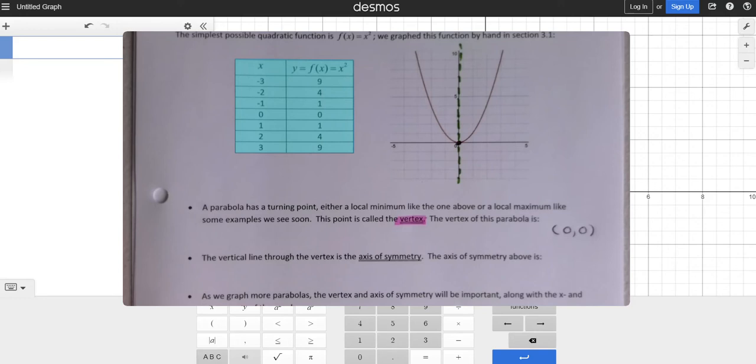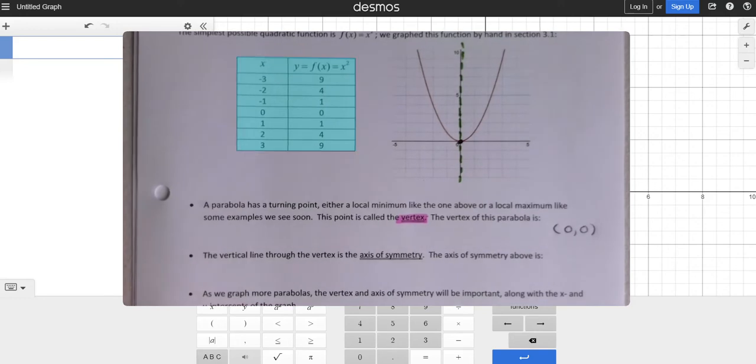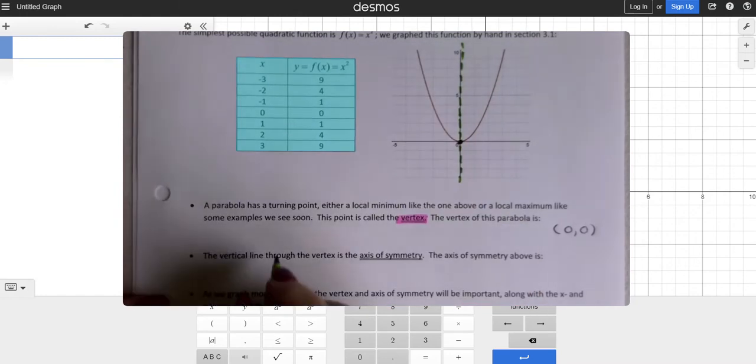The parabola is almost like looking in a mirror. It's perfectly symmetric on each side of that axis of symmetry that I just drew. In this particular case, the axis of symmetry is actually the y-axis.